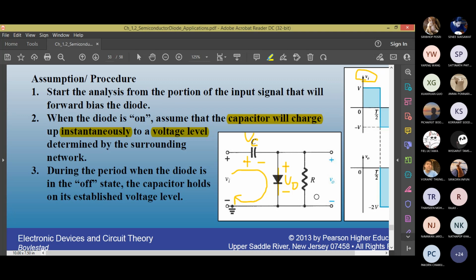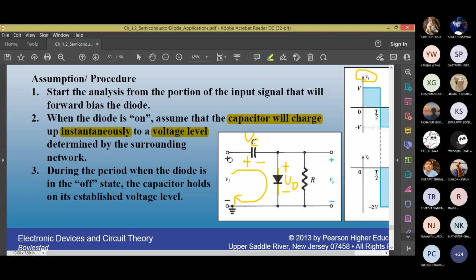Look at R. Parallel node with the diode. Voltage output is taken across R, which is also parallel to here. So this is parallel voltage sensing. The diode is on. What is the voltage of the diode now? Ideal diode? 0. What is the KVL loop equation?